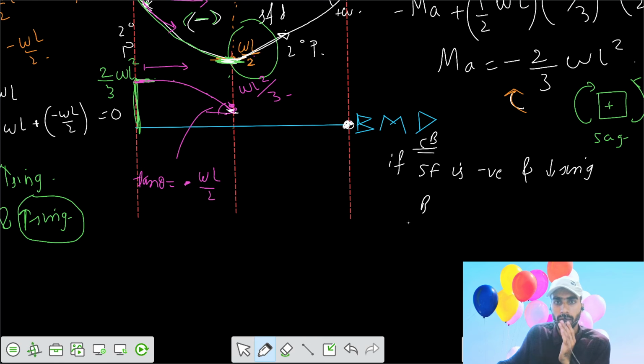So your BMD slope is negative and decreasing.